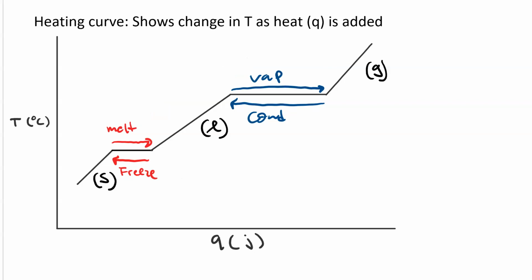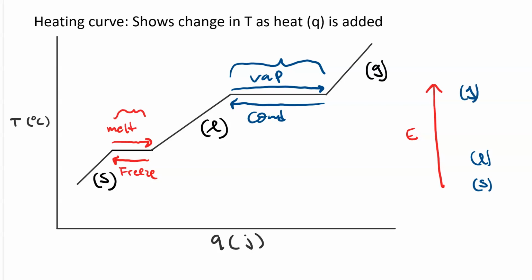Note that the amount of energy necessary to vaporize is greater than the amount of energy necessary to melt. This is always the case because a gas is so much higher than a liquid on the potential energy scale. Remember this diagram? We have solid down here, liquid just above it, and gas is way up here.